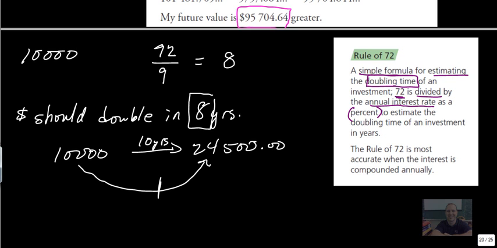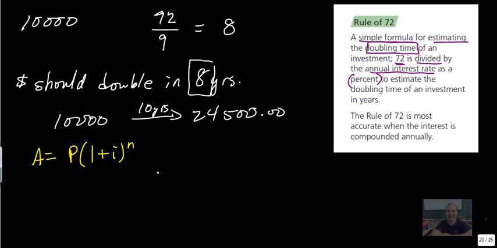So that's an estimate. Let's just double check that. Let's verify to see if that's anywhere near. And of course, we can do that by using our formula that we just learned. So we have 10,000. We're going to find out what the future value is, right? And we're going to check after 8 years. So it was 0.0075. How many compounding periods after 8 years? 8 times 12, 96.